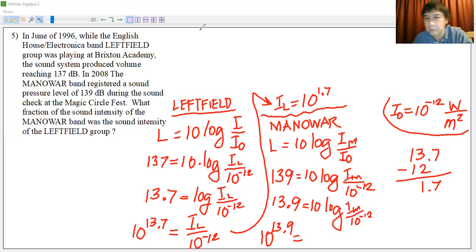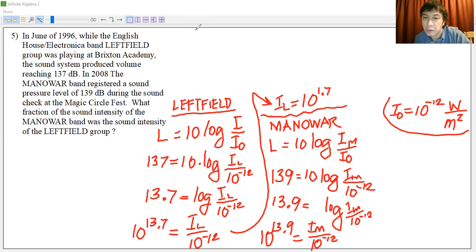When 139 becomes 13.9, let me clear the 10 there. Taking the antilog, this will now be IM over 10 to the negative 12. Now let's clear the right side for some more writing.